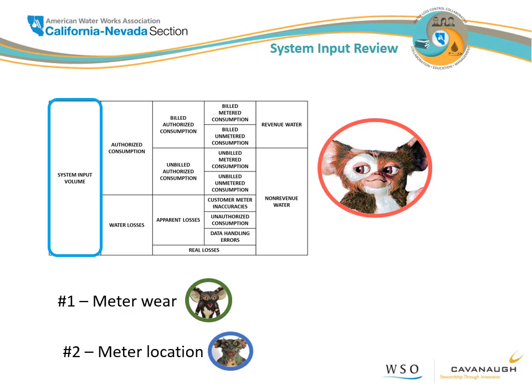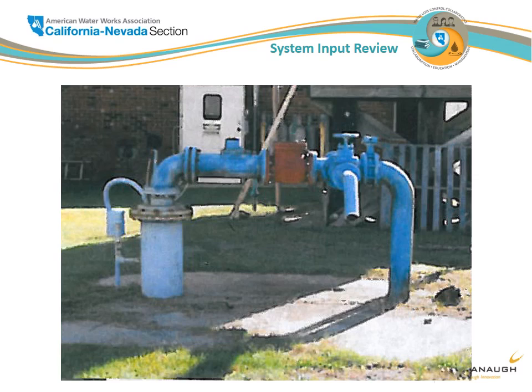The second gremlin we think about is meter location, and this one also should be fairly intuitive. But where we install a meter, it does matter, and we see in this particular screenshot a well meter that sits just to the left of the red piece.